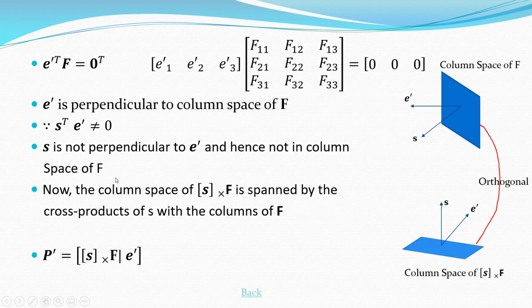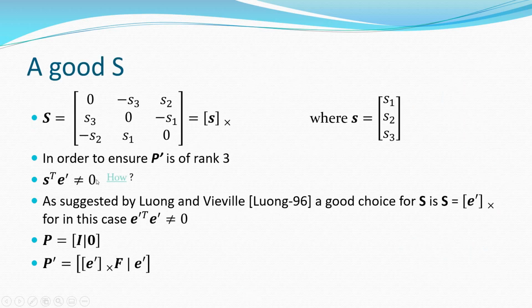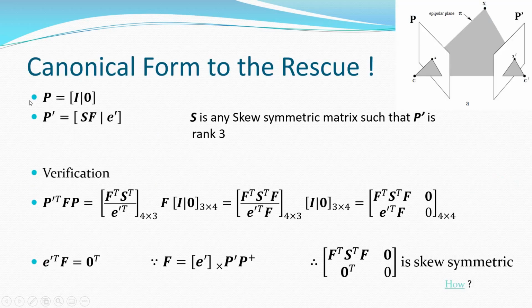Let us see that. This will need some linear algebra basics, so I'll try to explain as simply as possible. Our main idea now is that we have this P dash, which is given by SF, and the last column is E dash.